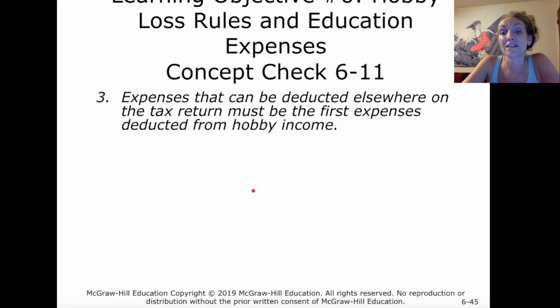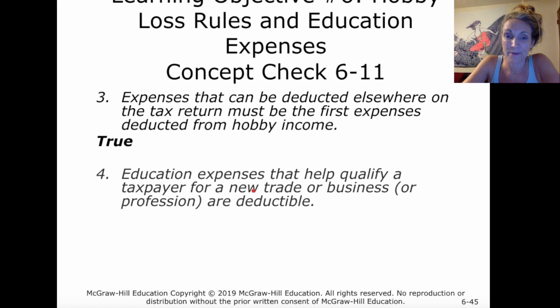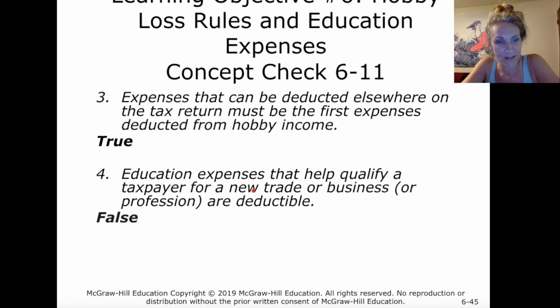Expenses that can be deducted elsewhere on the tax return must be the first expenses deducted from hobby income. That's true, that was that ordering of expenses. Educational expenses that help qualify a taxpayer for a new trade or business or profession are deductible. False. That's a reason that they're not deductible.